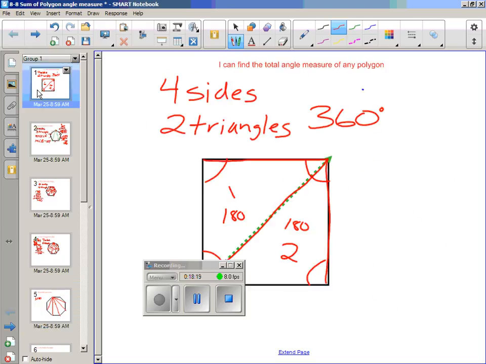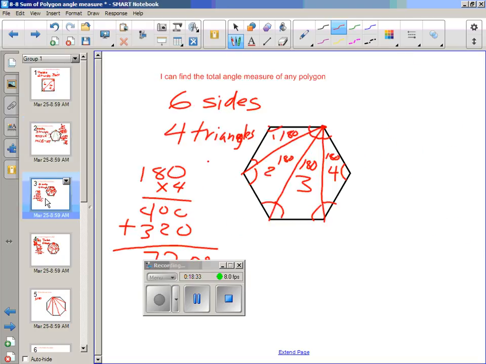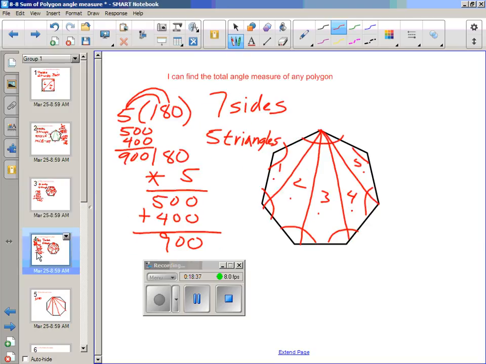Look at this. The number of triangles, 4 minus 2 equals 2. The number of triangles is equal to 3 here, 5 sides minus 2. All right. 6 minus 2 equals 4. 7 minus 2 equals 5.